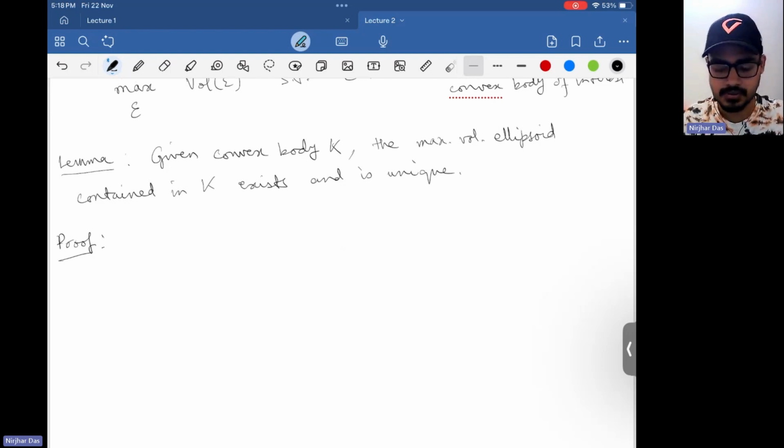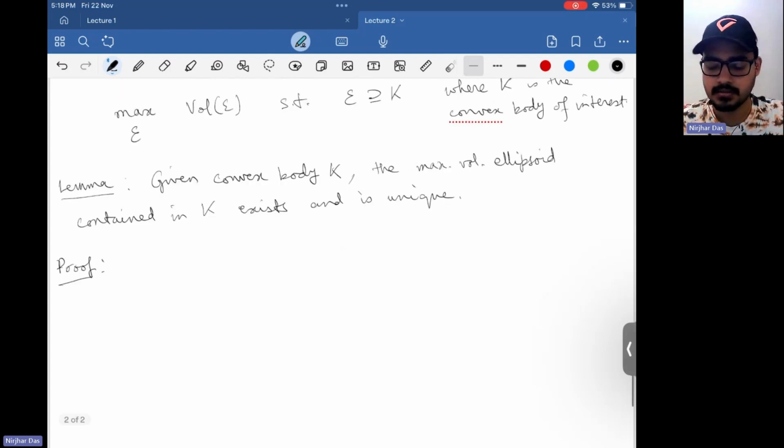So that's our goal. But note that there's a subtle difficulty here, because the set of ellipsoids we are considering is given by matrices which are positive definite. Positive definite matrices are sort of an open set, because we are restricted to matrices whose eigenvalues are positive.